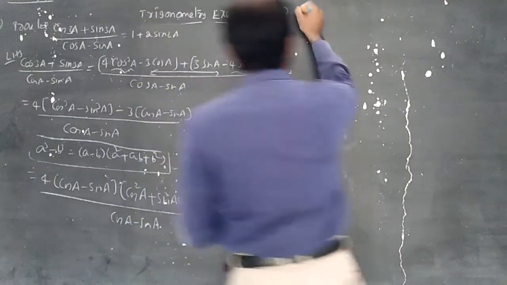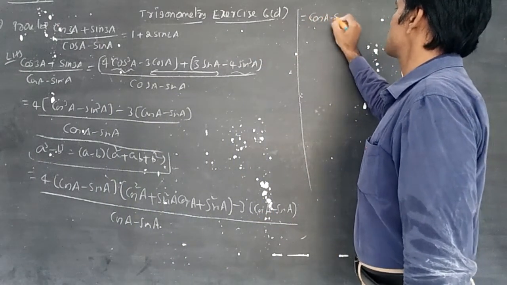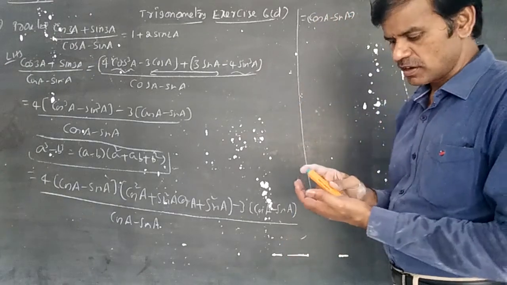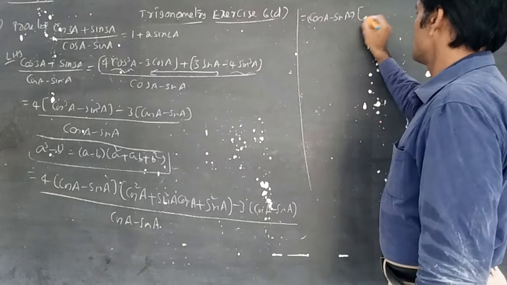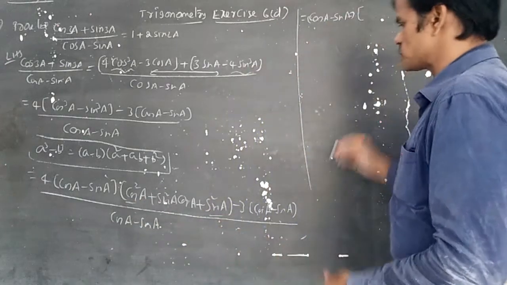Now in the numerator you take common the term cos a minus sin a. Within the brackets, cos square a plus sin square a becomes 1.